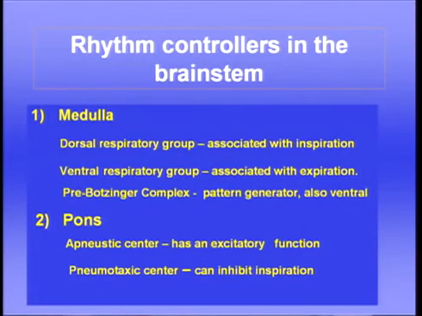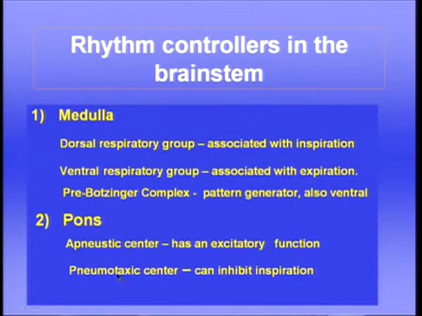In the lower pons, there's a thing called the apneustic center, which is thought to have an excitatory function. If you section the brain of an animal above the apneustic center, you get a series of prolonged gasping inspirations. Occasionally patients with severe brain injury will show the same pattern. So under some conditions, the apneustic center may be important.